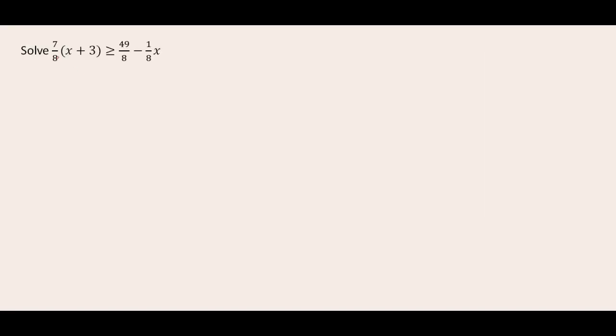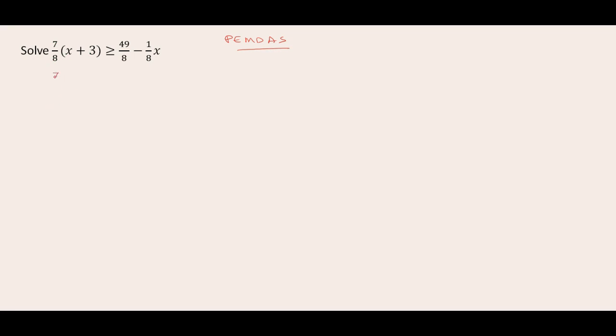Next example, we have 7 over 8, parenthesis x plus 3, greater than or equal to 49 over 8 minus 1 over 8x. So the first thing we're going to do is distribute. Remember, we have to always honor PEMDAS, which is the order of operations. So we're going to distribute the 7 over 8 into x plus 3.